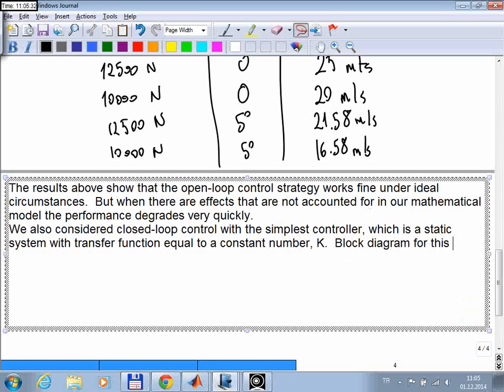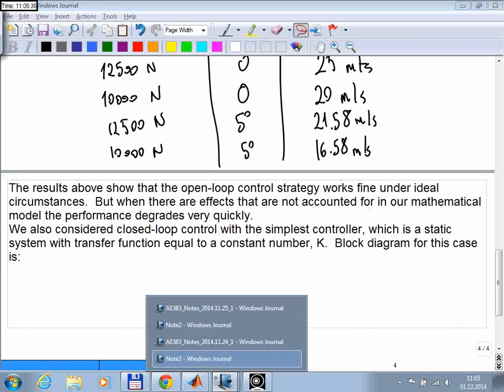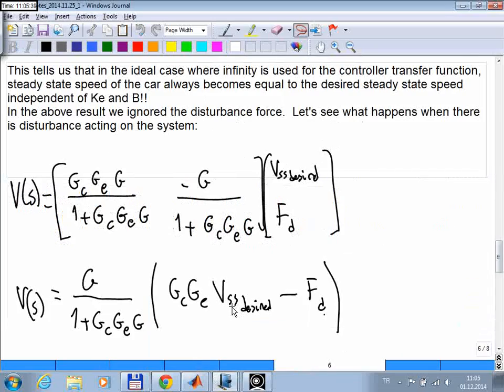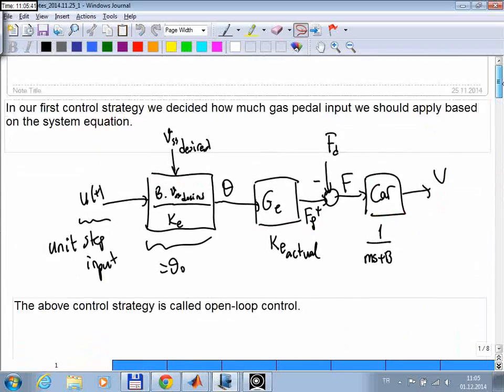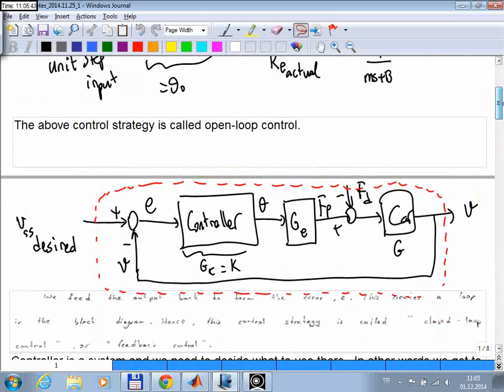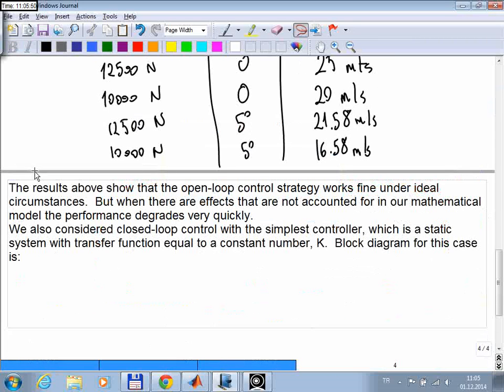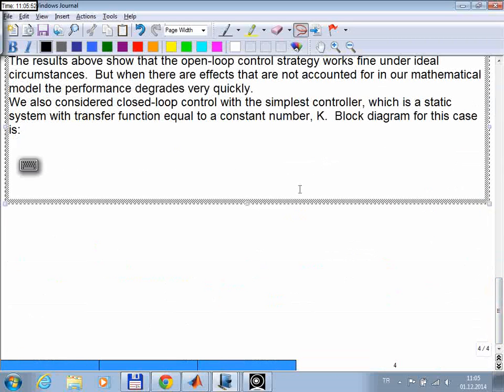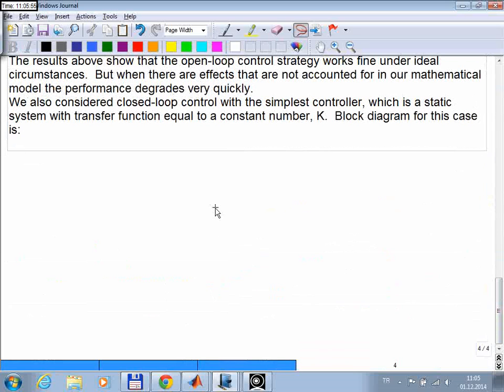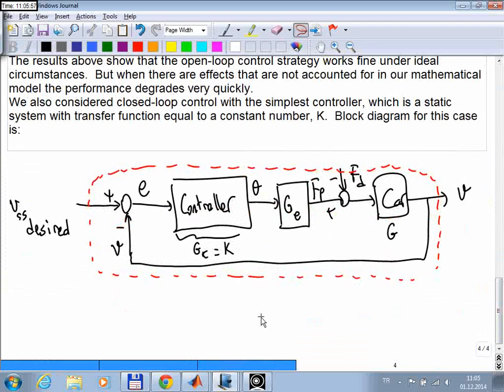Block diagram for this case is, okay, now let me just find the block diagram from last week's notes. Okay, so this was the block diagram. So this is the controller transfer function k.